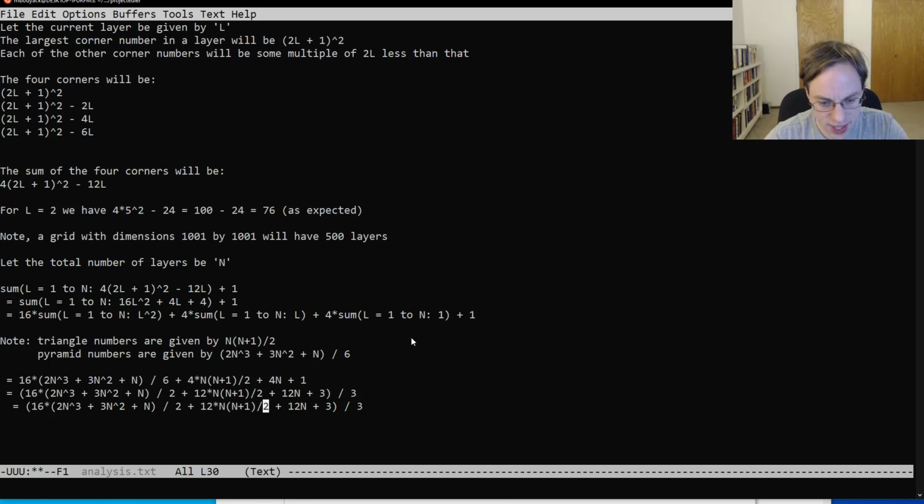Okay, so this will let us combine like terms, and so we can divide by 2 here and get 8. And we can simplify here, get 6. Okay, and now we can distribute this 8 to get 16 and 24 and 8.